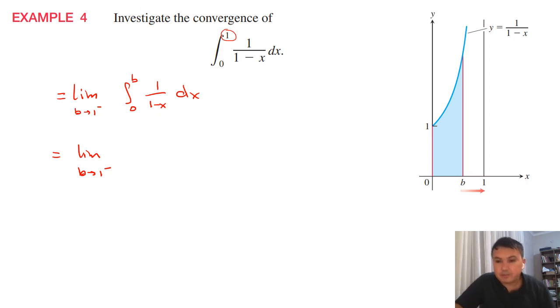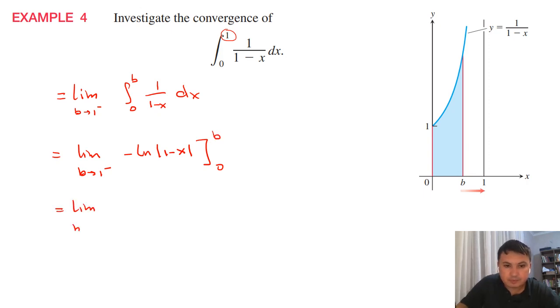What is the integral of 1 over 1 minus x? You can do u substitution where u is equal to 1 minus x and so forth, but it's not hard to notice that this is minus ln of 1 minus x from 0 to b. At b, you get minus ln of 1 minus b.